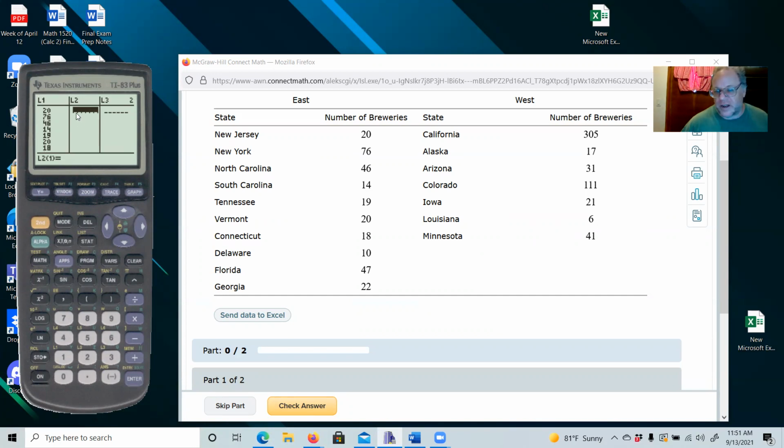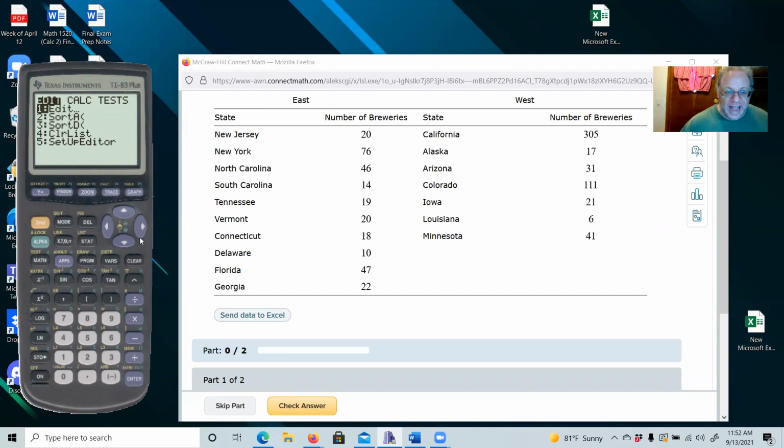I'm just going to do this to L2. So California has 305, 17, 31, 11. No, this is a different sample. 21, 6, 41. There's 6 breweries in Louisiana.